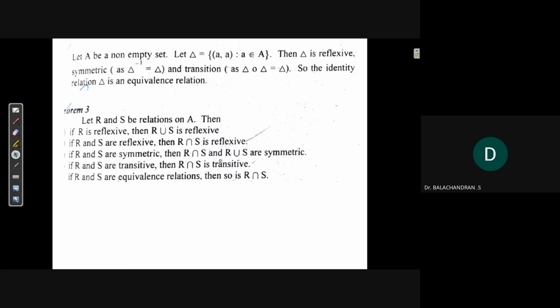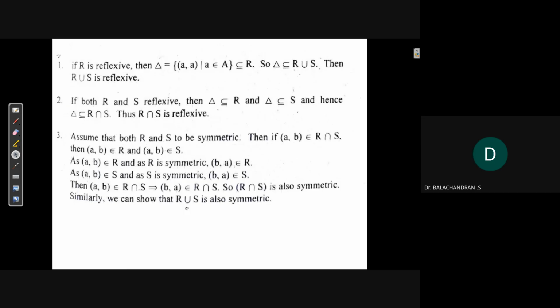But we know that if R and S are reflexive, R union S is reflexive. Similarly, if R and S are symmetric, R union S is symmetric. But if R and S are transitive, R union S need not be transitive. That's why if R and S are equivalence relations, R union S need not be an equivalence relation.